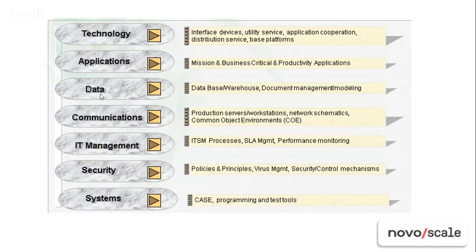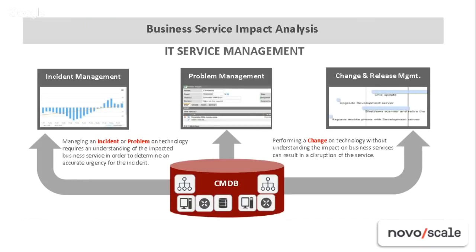And systems, basically, we need to know which are our systems or which are the elements that we are working through. So if we already identify how we can build a CMDB and how we can go through our CI class manager, we need to know how the business service impact analysis works.